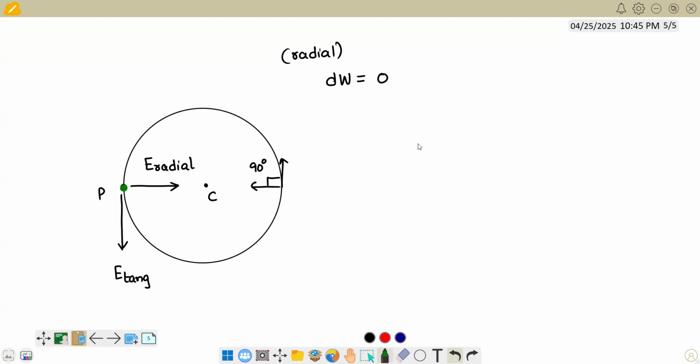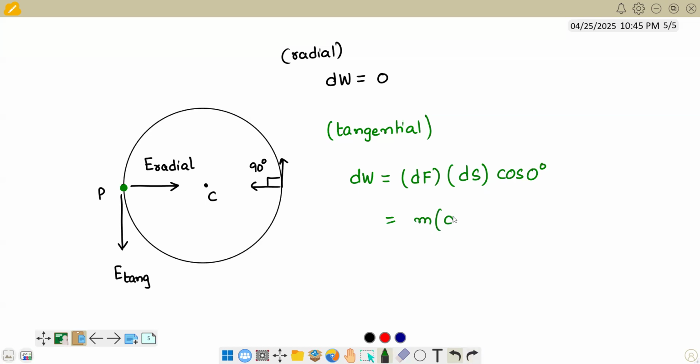Since both are pointing in the same direction, due to tangential field, the work done dW equals whatever is the force, and displacement and force are in the same direction, so small displacement ds into cos 0 degree. So I can write this as the small mass into whatever is the field that exists, E tangential into ds.